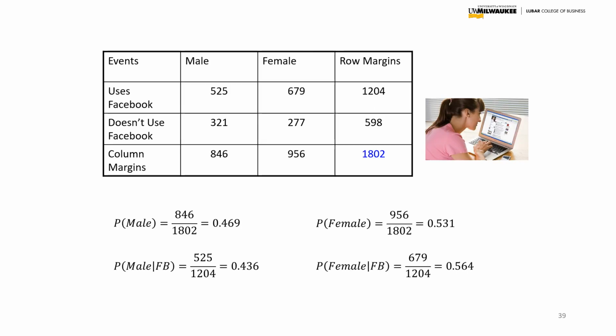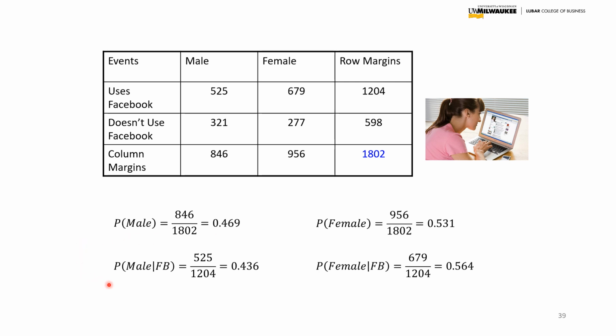With a contingency table, we can estimate various probabilities. For example, we can estimate the probability an individual is male, randomly selected from this group, and we find that probability to be 846 out of the 1,802, which is 0.469.